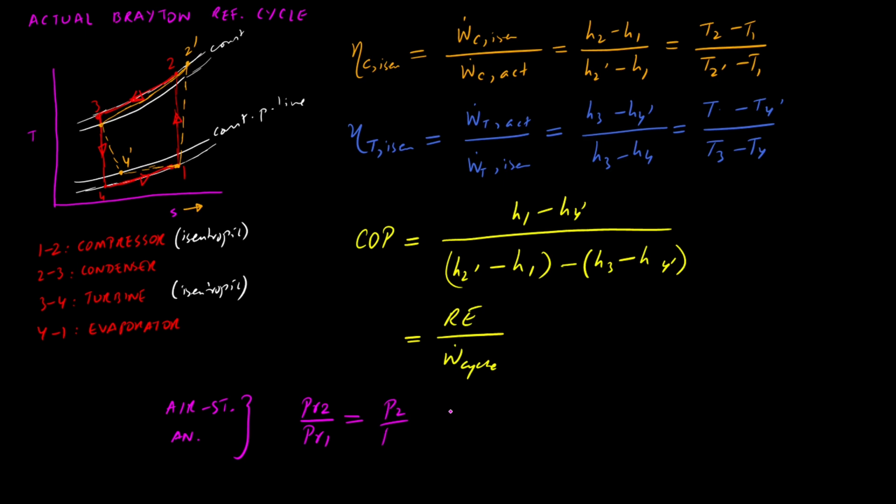And then for the other process, it would be PR4 by PR3 equals P4 by P3, or again we could write it in terms of P1 by P2. So this relative pressure over here is actually not even a pressure because it's a ratio, so we just call it relative pressure. It's not actually a pressure. It doesn't have any units like that.